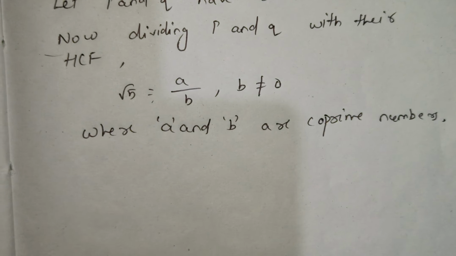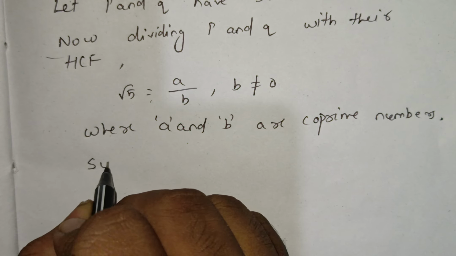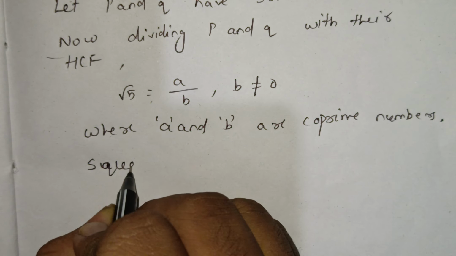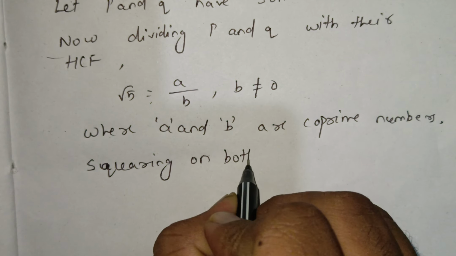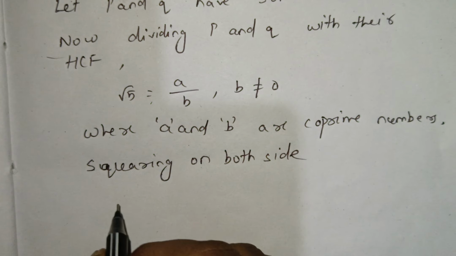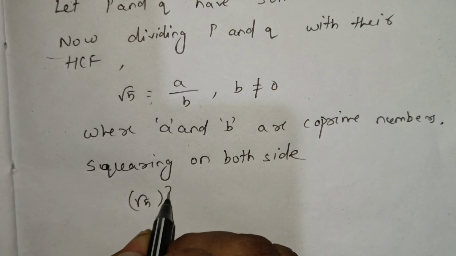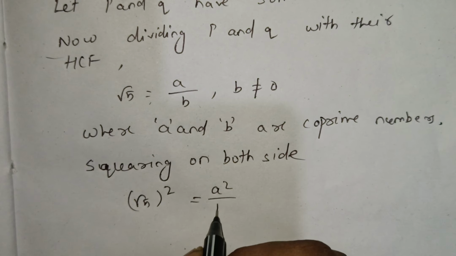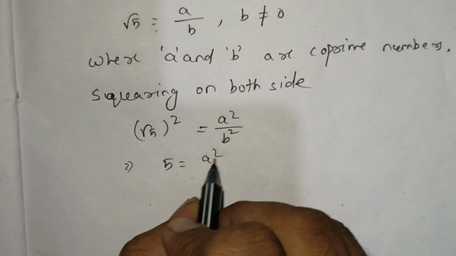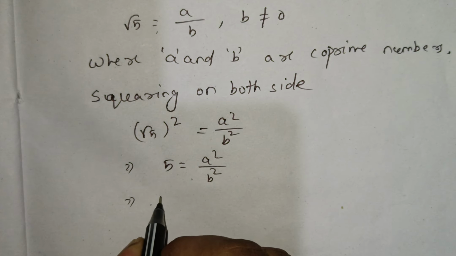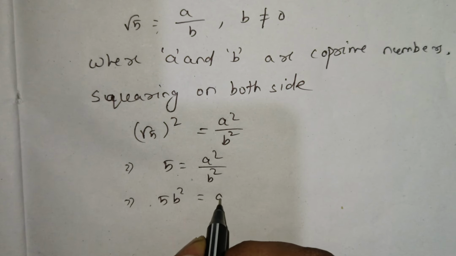Now squaring on both sides, we get root 5 whole square is equal to a square by b square. This implies 5 is equal to a square by b square, so 5b square is equal to a square.